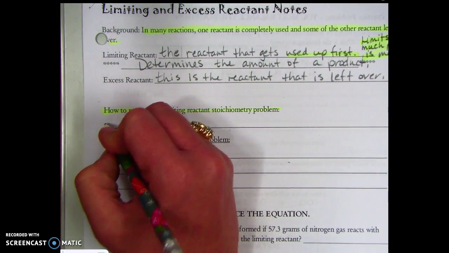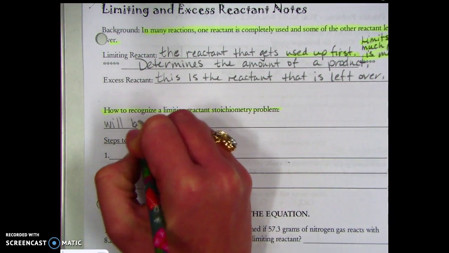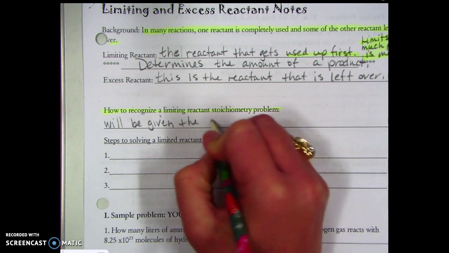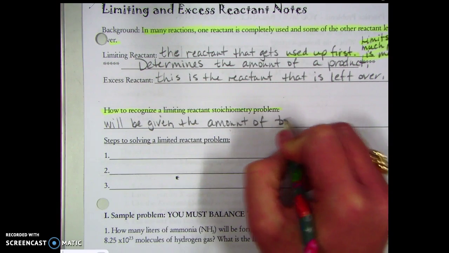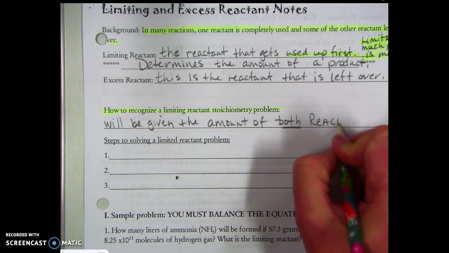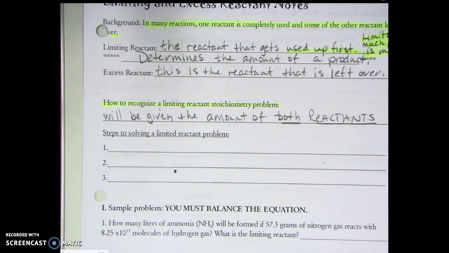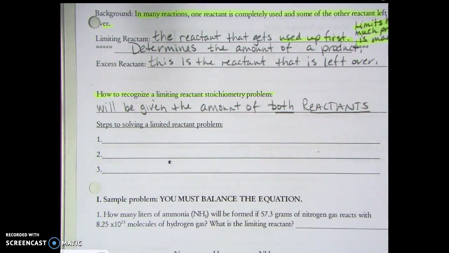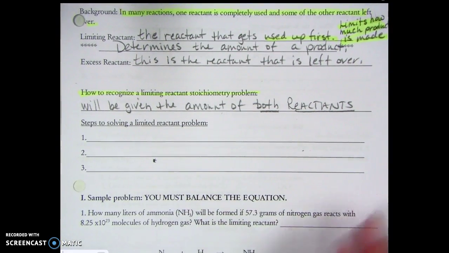So you will be given the amount of both reactants. Okay, stoichiometry will be only given, we'll have 1 given and 1 unknown, whereas here we'll have 2 givens. That's why it was so important for us to learn how to label.